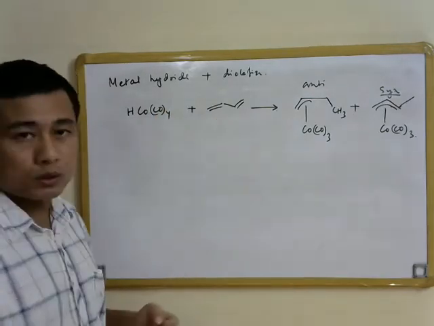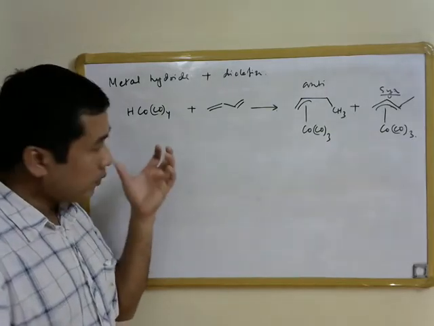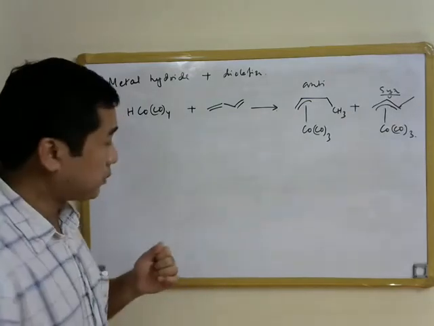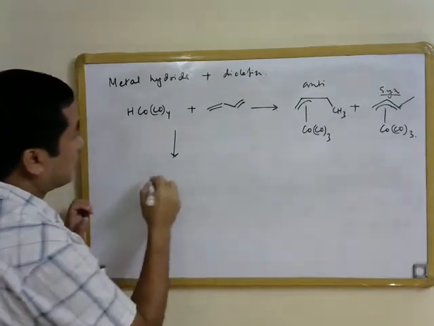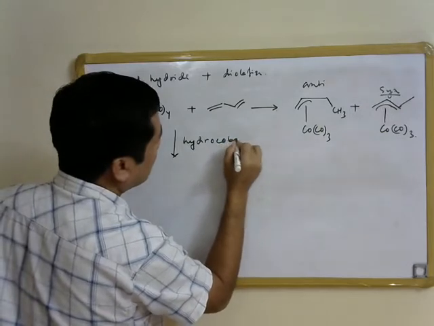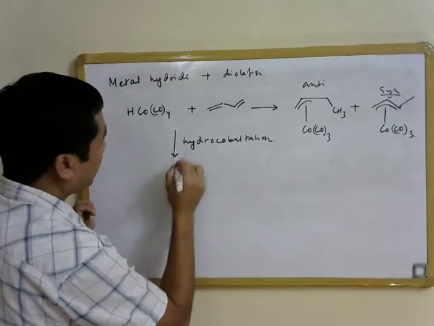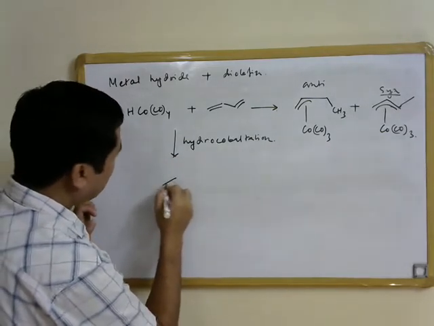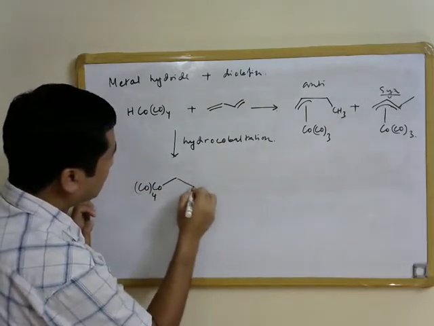Now this reaction also, as we have said, proceeds through a sigma-pi allyl rearrangement step. That is, during the first stage, hydrocobaltation takes place. The olefin will undergo hydrocobaltation here, and it will produce a metal alkyl complex in this way.